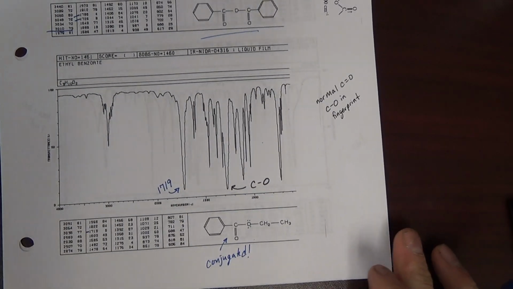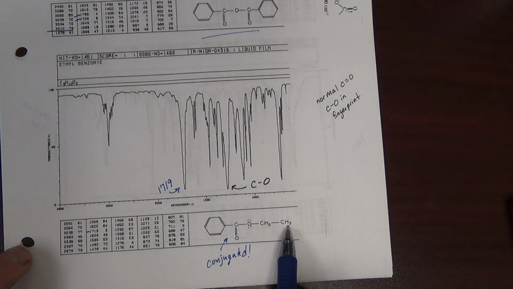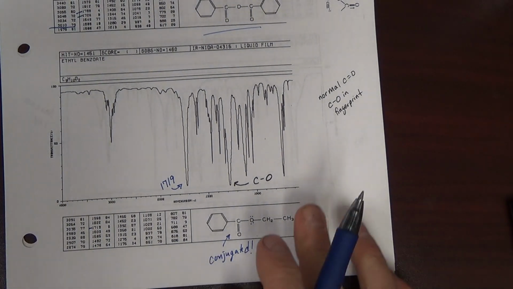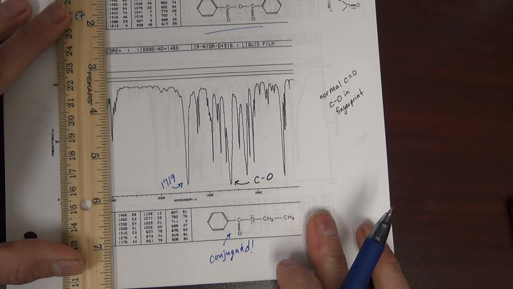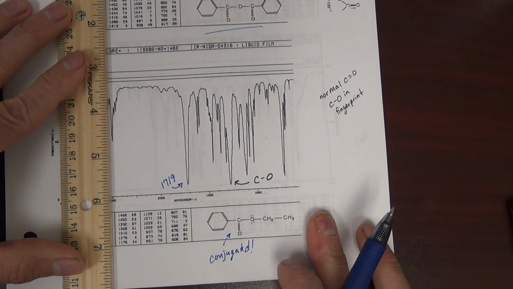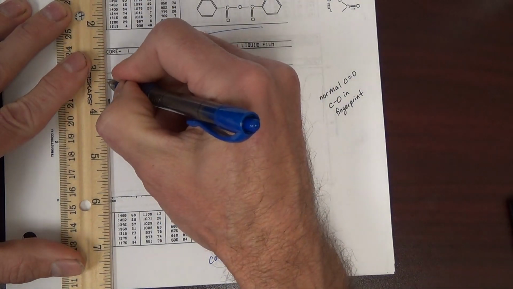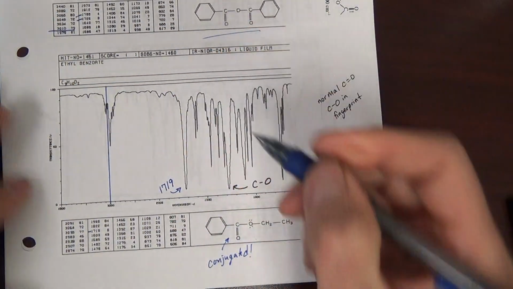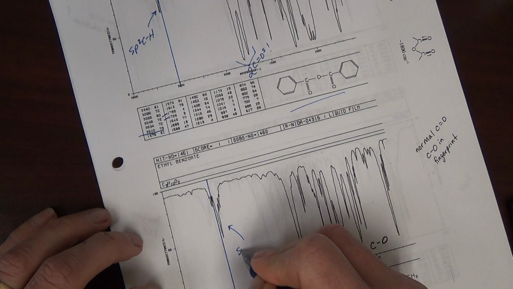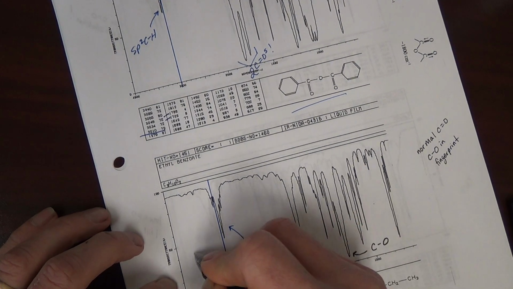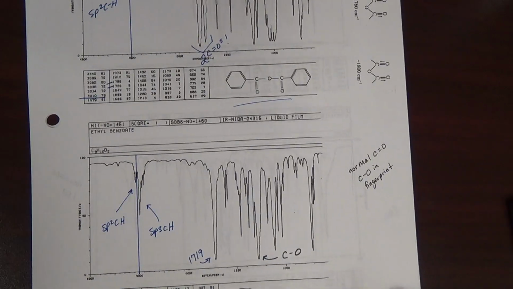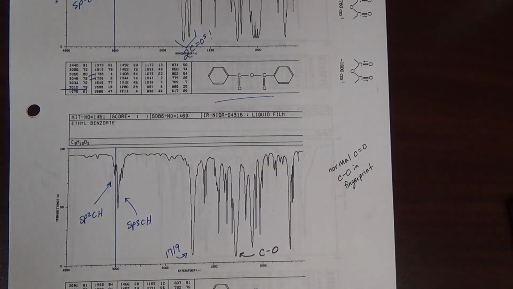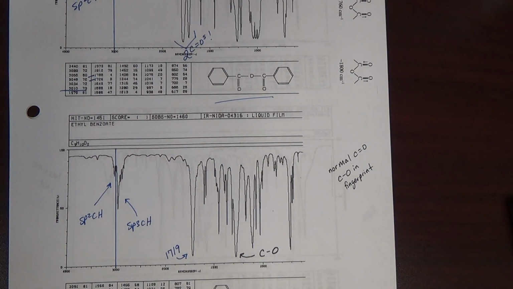Then we have both sp3CH and sp2CH, and so at the magic 3000 line we have both types of CH there.